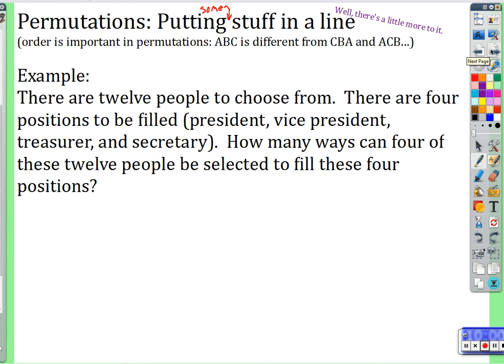The more positions you're trying to fill, the harder this gets. There are 12 people to choose from. There are 4 positions to be filled: president, vice president, treasurer, and secretary. How many ways can 4 of these 12 people be selected to fill these 4 positions?